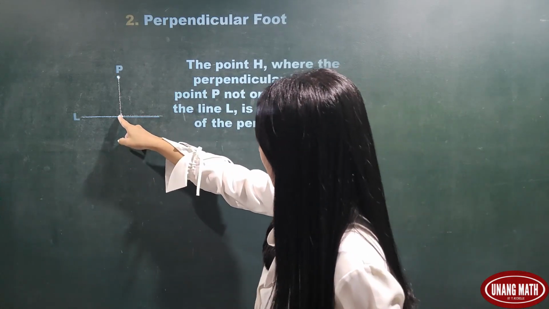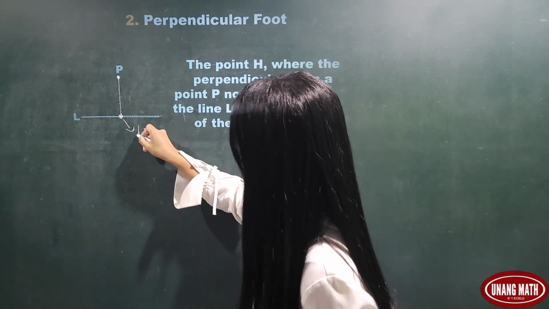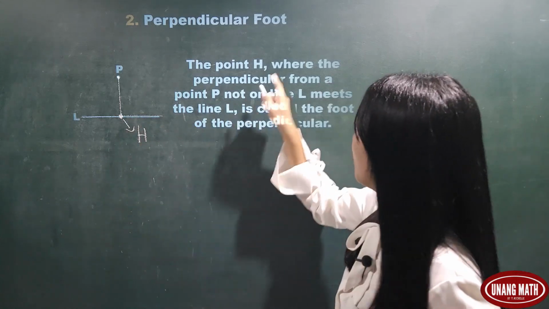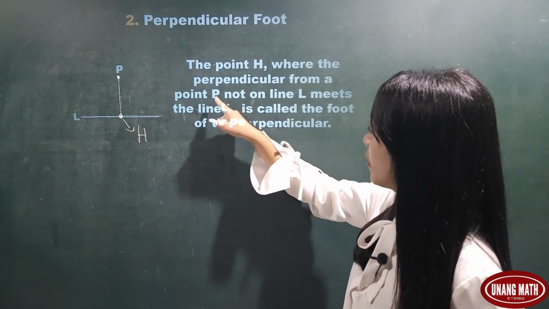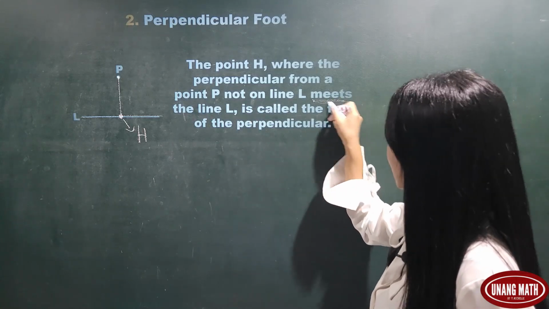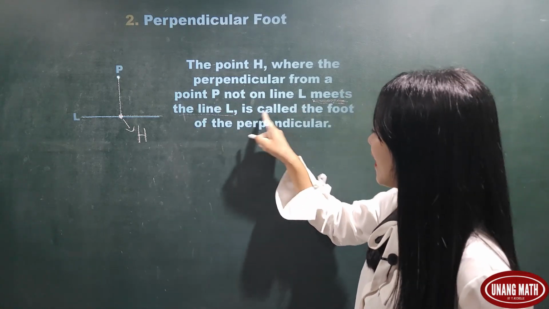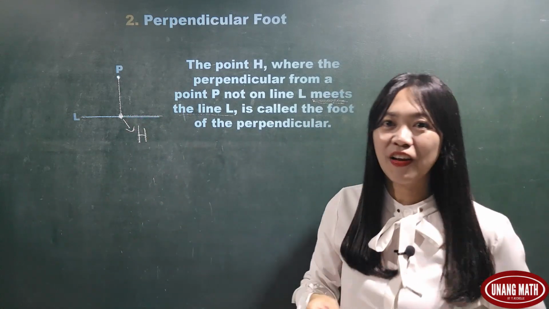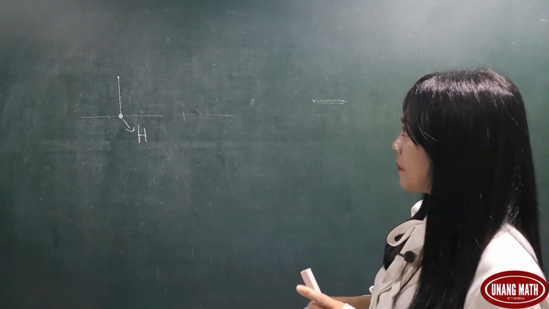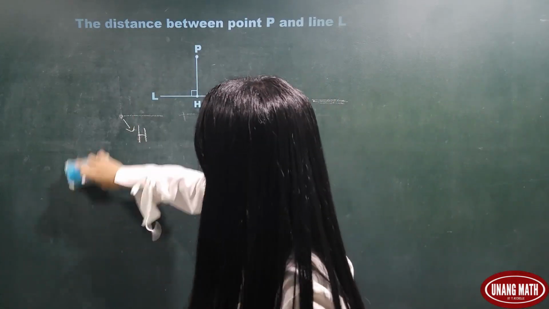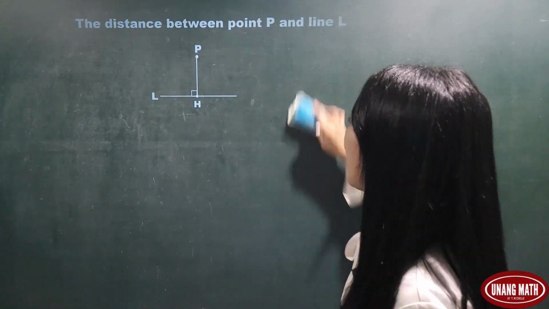Okay, let's name this point as point H. So the point H, where the perpendicular from point P, not on line L, meets the line L. And that is what we call the foot of the perpendicular. Okay, what about the distance between point P and line L?